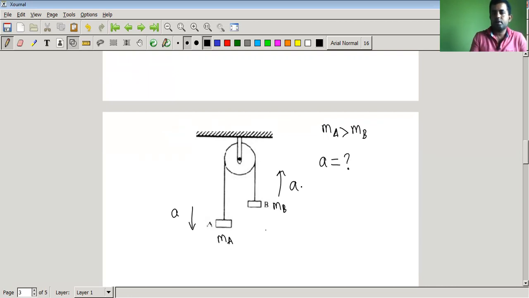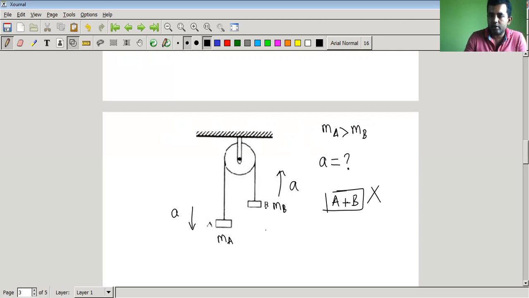Same. Now, here one thing we have to understand is that we can't treat A plus B to be our system. A plus B cannot be taken as a system. What is the reason? Because the restriction on selecting a system was that all the parts of the system should have identical acceleration.